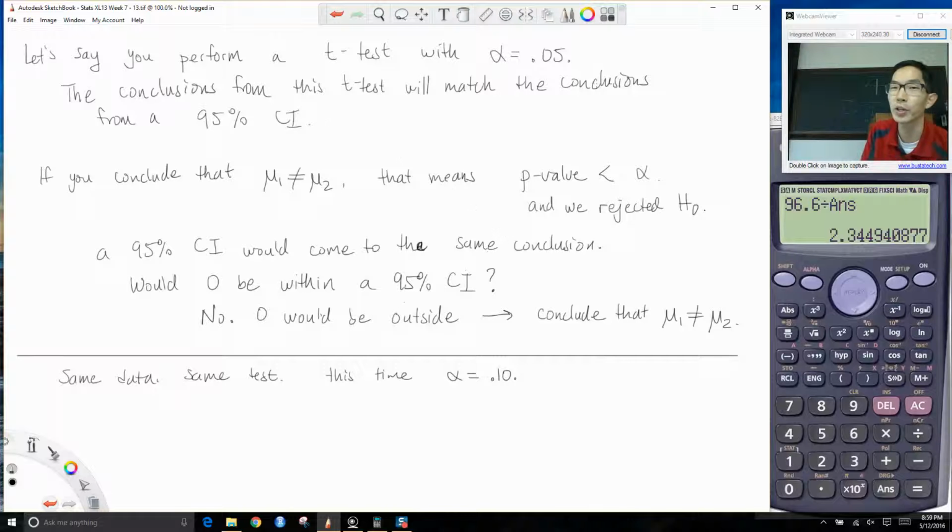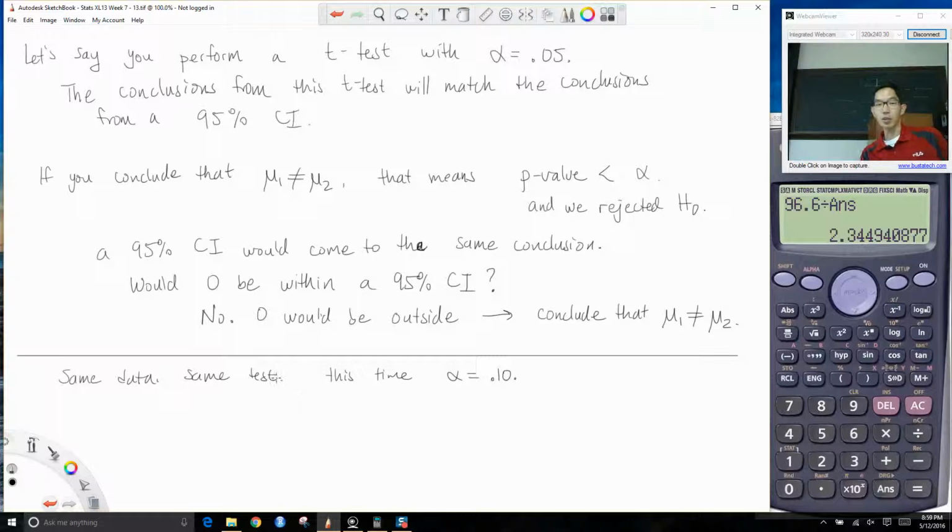So up here, what do we know? We said we performed a t-test with alpha equal to 0.05, and if we conclude that mu1 is not equal to mu2, then that means our p-value was less than alpha. Same data, same test.